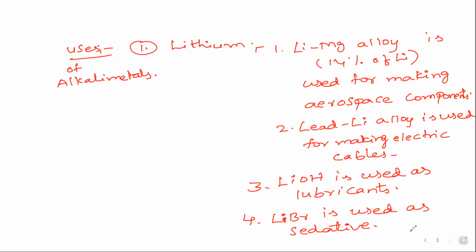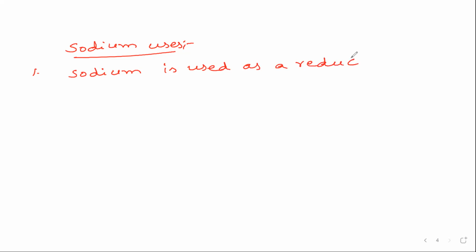Next we see uses of sodium, then potassium. Sodium uses, point number one: sodium is used as a reducing agent in the form of sodium amalgam. Sodium amalgam is sodium plus mercury.